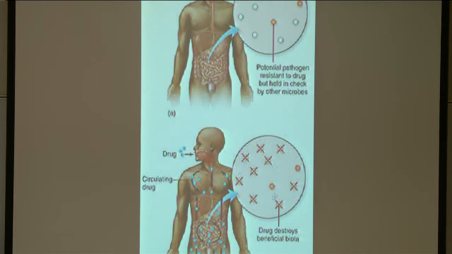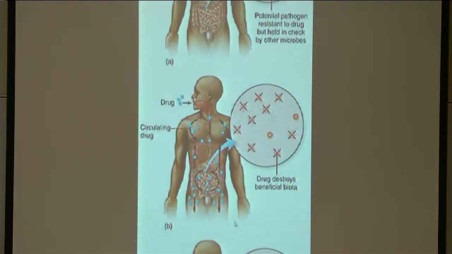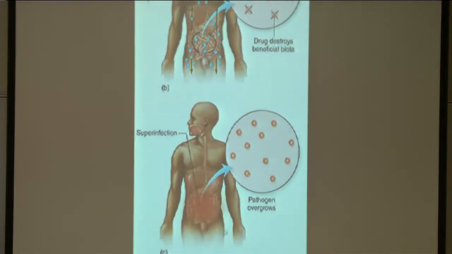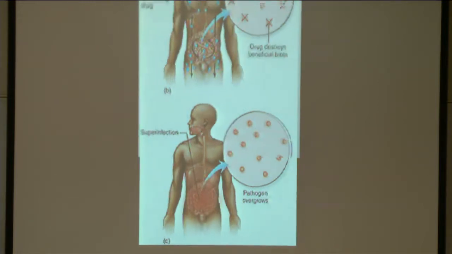So these harmful ones in the gut, once the good ones are gone, they can grow. And look, now they grew like crazy. Now this patient has a secondary infection in the intestines, but the throat infection is cleared up. So that new infection that emerged is called a superinfection.